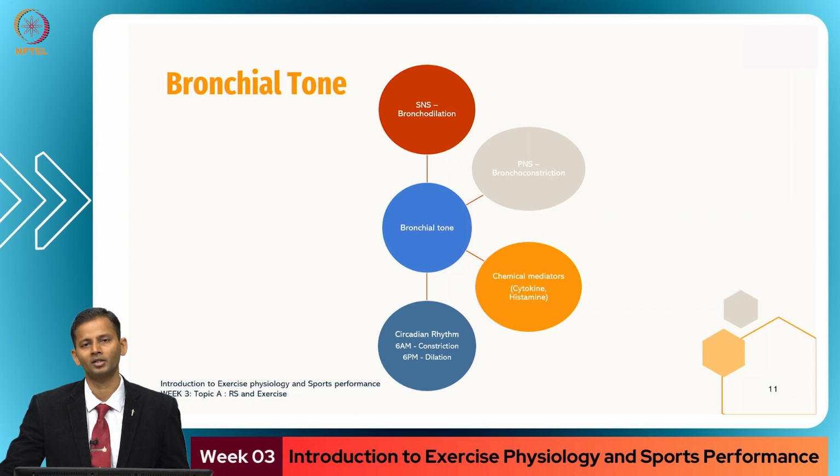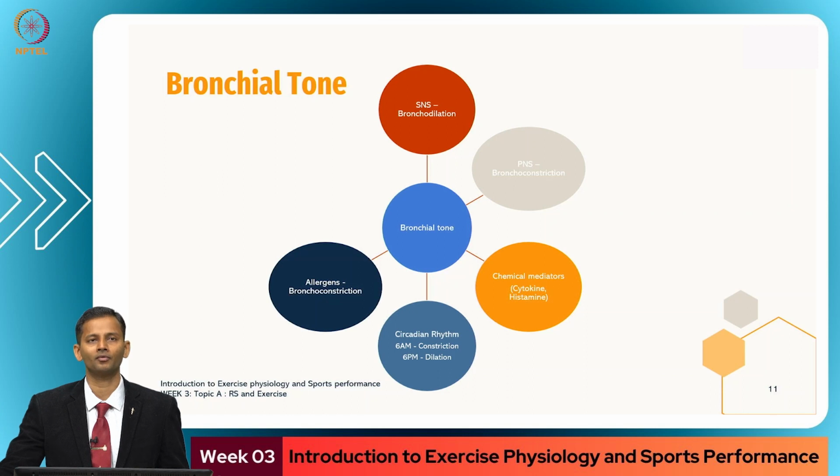So that's why you will find people with bronchial asthma or any kind of allergy-related issues generally have increased symptoms and frequency in the early morning hours. It's because of the natural physiological constriction that happens during the morning time. Whereas in the evening at around 6 p.m., there is bronchodilation. So that's a variation with respect to the time of the day.